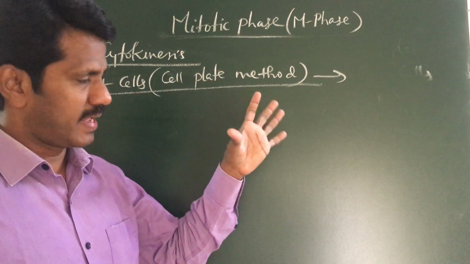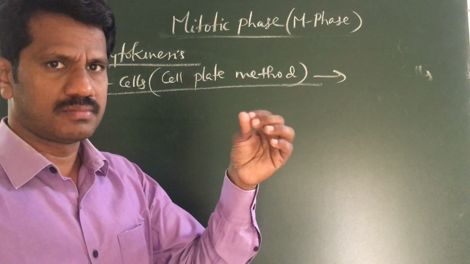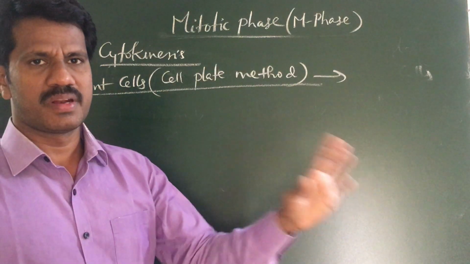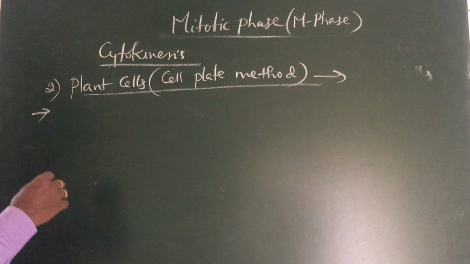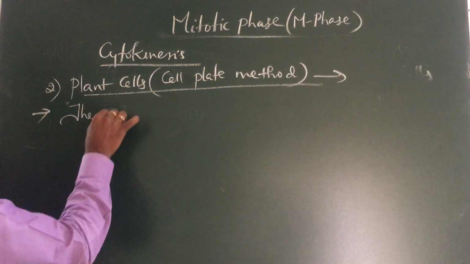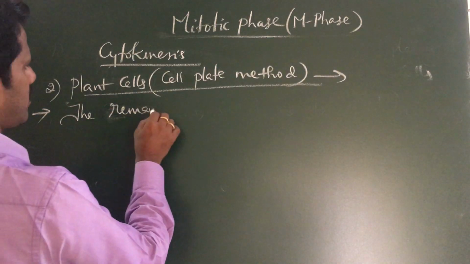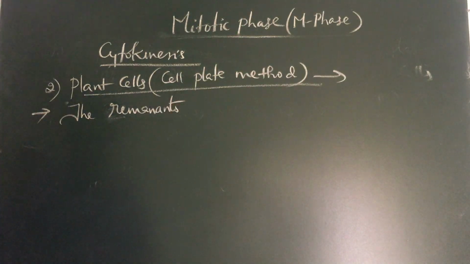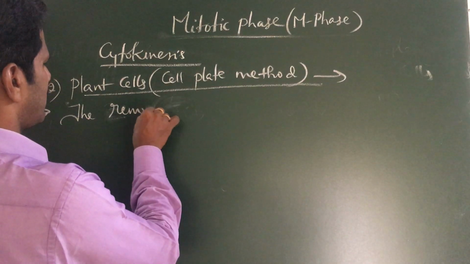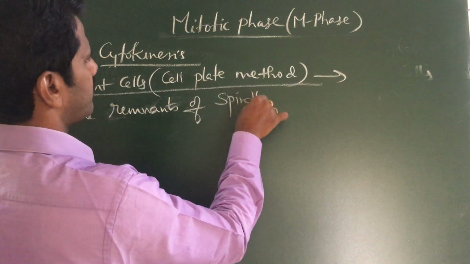When the spindle fibers break, you see the remains, those fiber-like structures present in that particular cytoplasm. Those are the remnants of the spindle fibers.